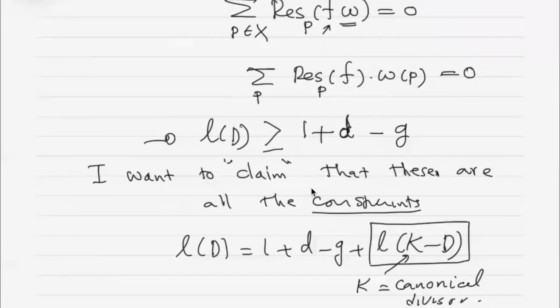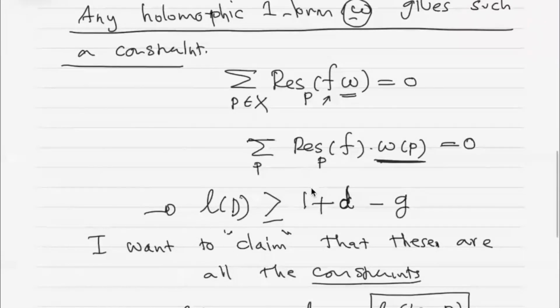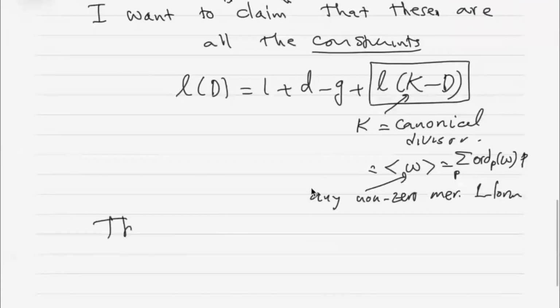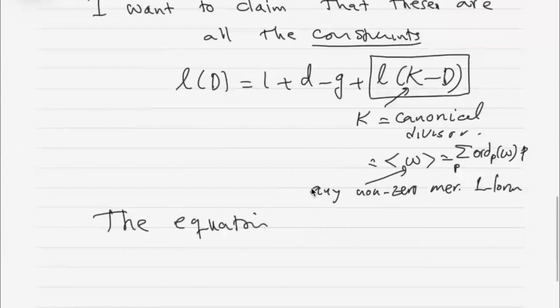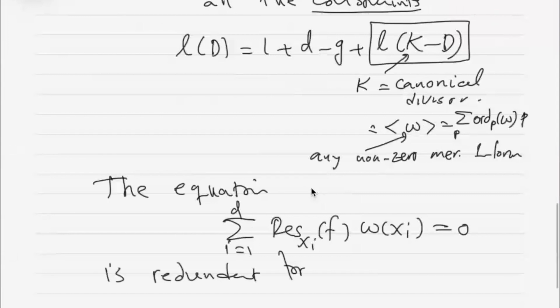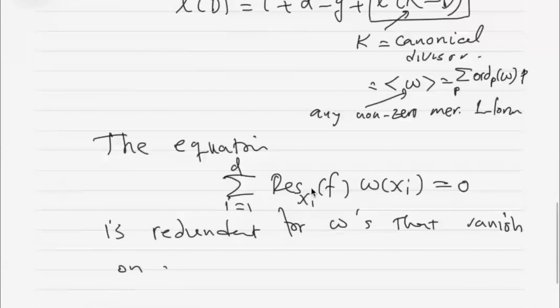If you have a holomorphic one form that vanishes at all points that are on this divisor x1 to xd, then this equation, the sum of residues at xi of f omega equals 0, is redundant for omegas that vanish on all of them.